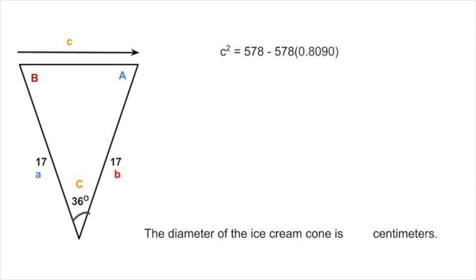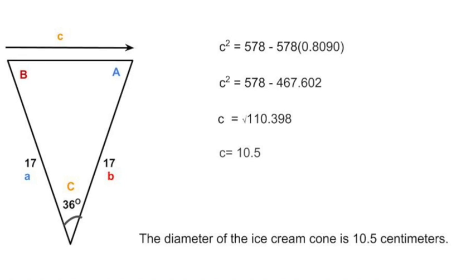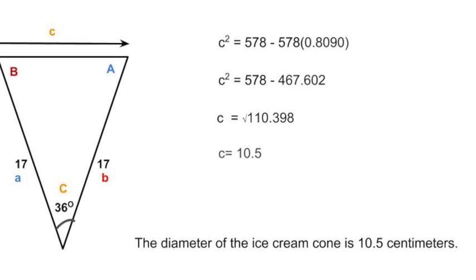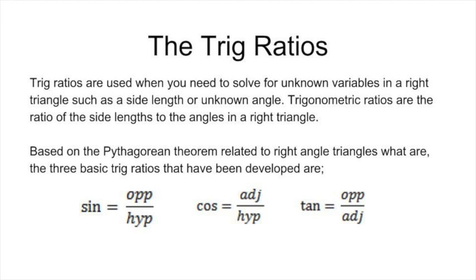Then we'll solve for cos 36, which gives us c squared equals 578 minus 578 times 0.8090. 578 minus 467 equals 110.398, and then we'll get the square root of that, so c equals 10.5, meaning the diameter of the ice cream cone is 10.5 centimeters.